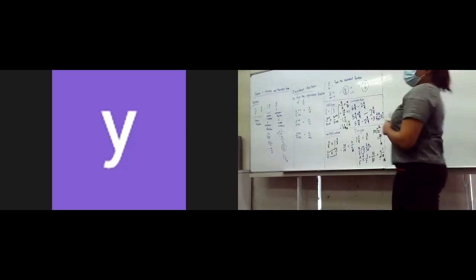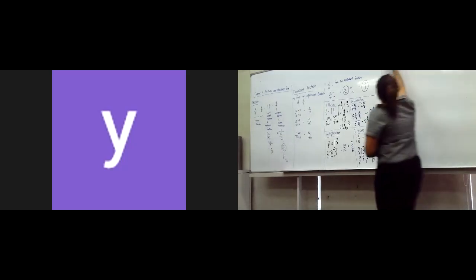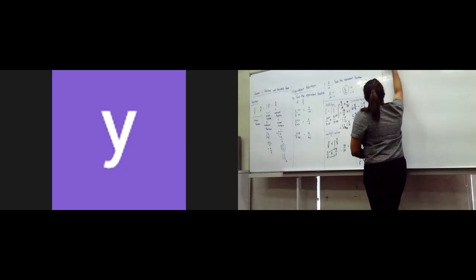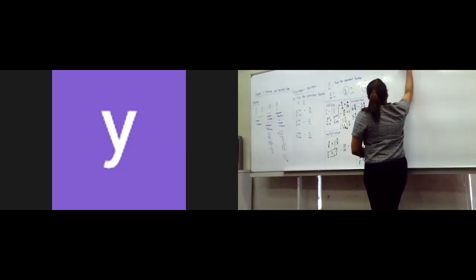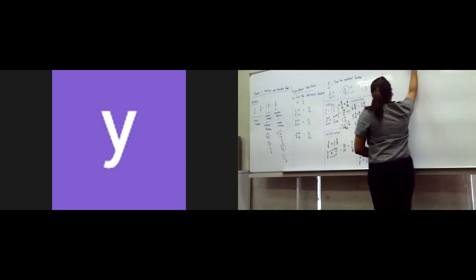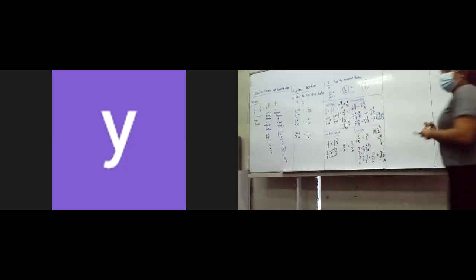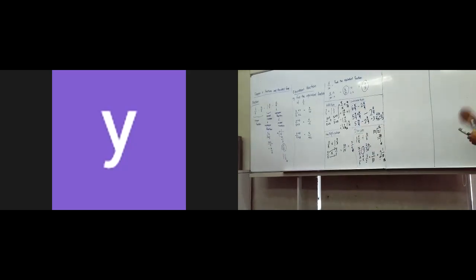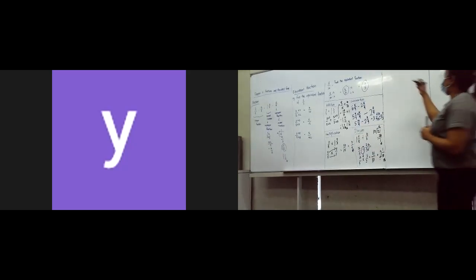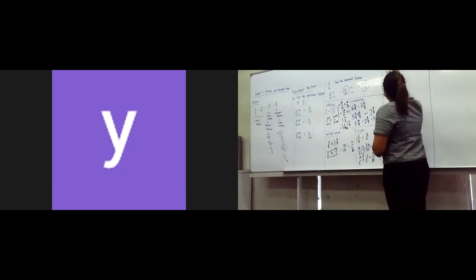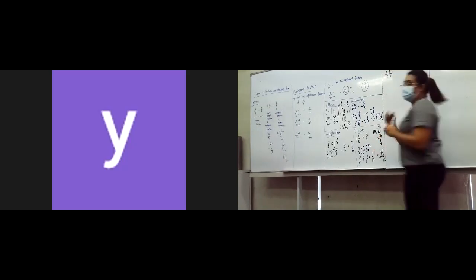Now we have fractions with decimals. Fractions with decimals are very easy. Now you have example 2.5 over 6.0.